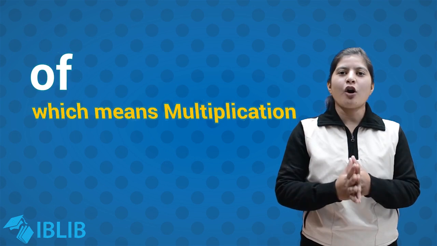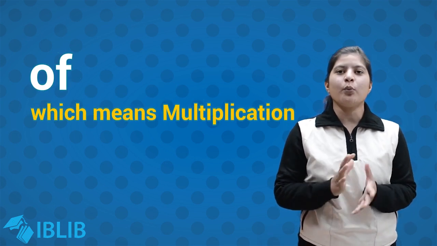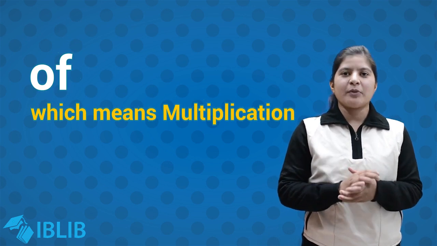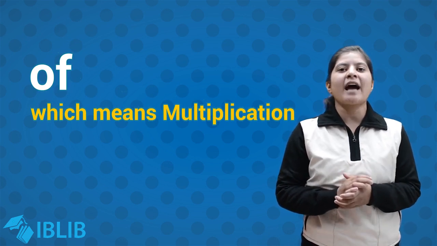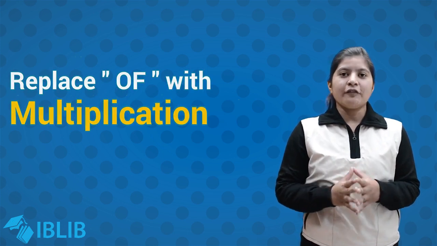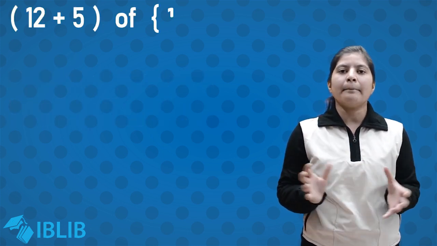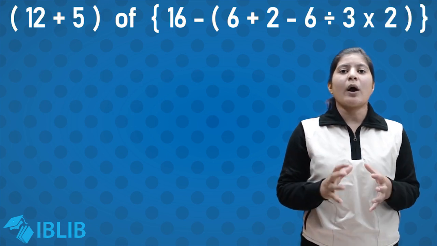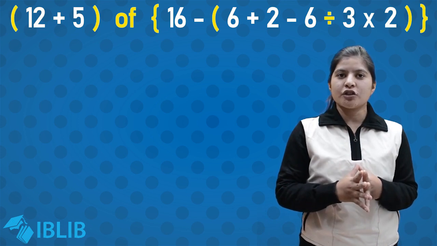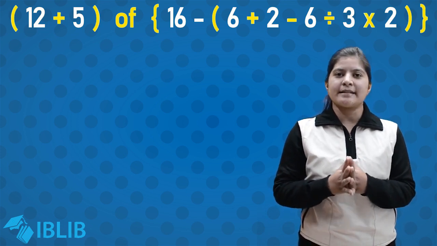Now, sometimes "of" is also used in an expression, which means multiplication. Whenever you see an expression containing "of", you just have to replace it by multiplication. Now, what if all of these things are combined together? Means you are given an expression which contains brackets, of, division, multiplication, addition and subtraction.